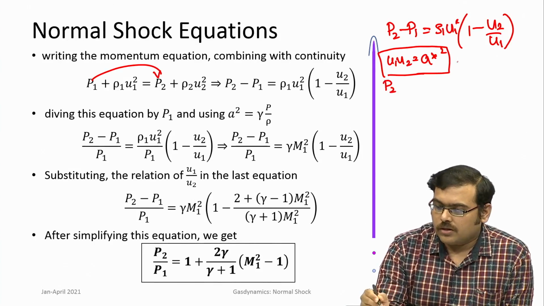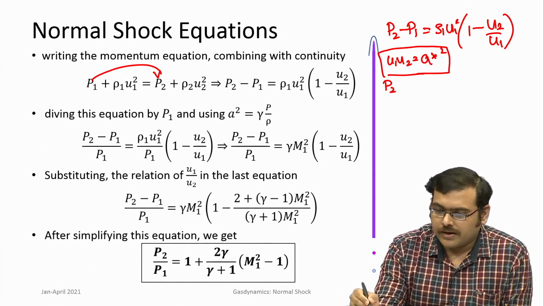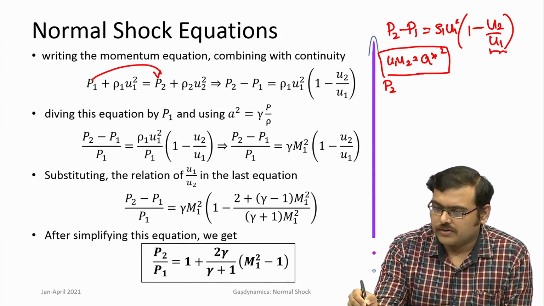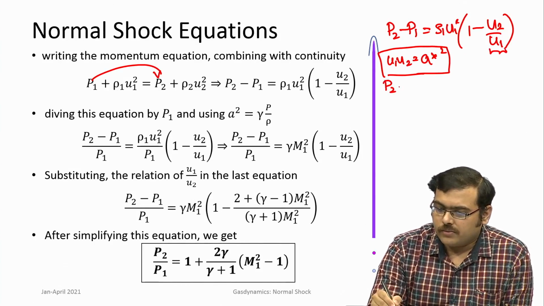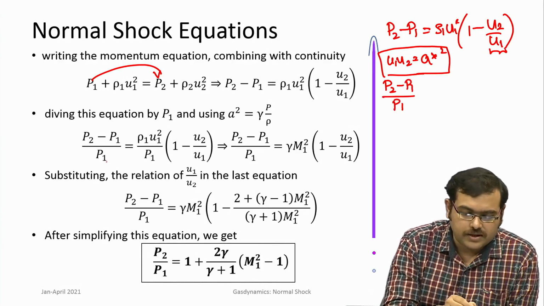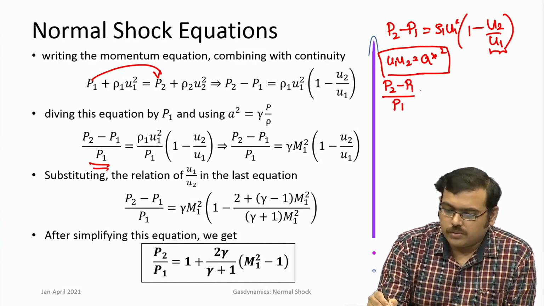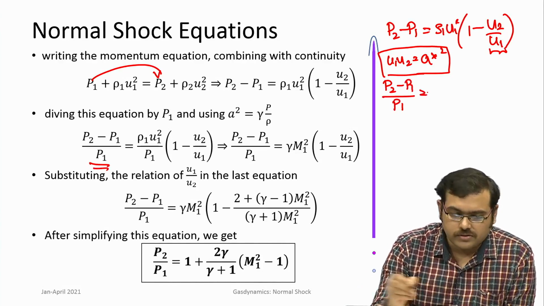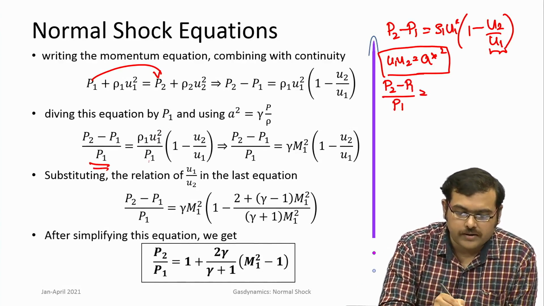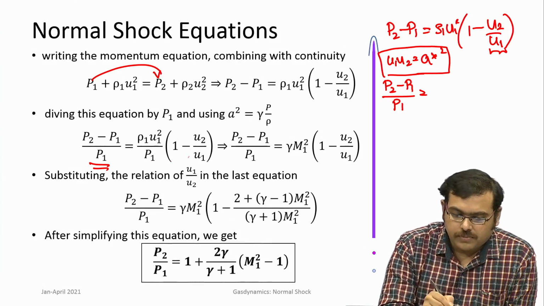Now, you can divide this by P1, and you get rho 1 U1 square by P1 multiplied by 1 minus U2 by U1.